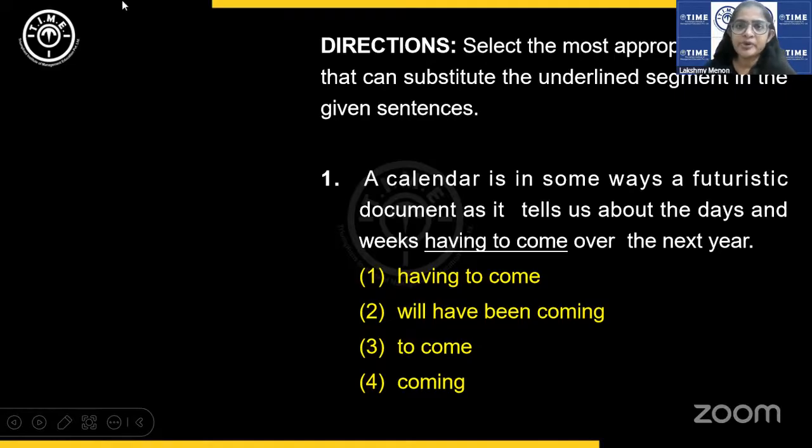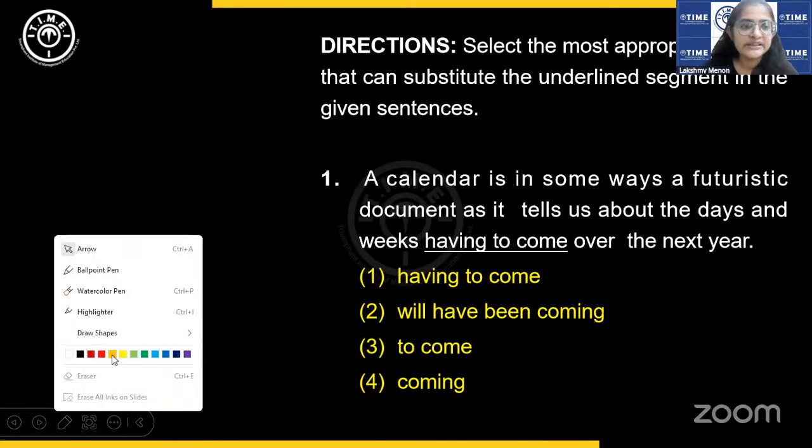Select the most appropriate option that can substitute the underlined segment in the given sentences. So that is one particular pattern. You need to pick the best substitute. So let us try out this question.